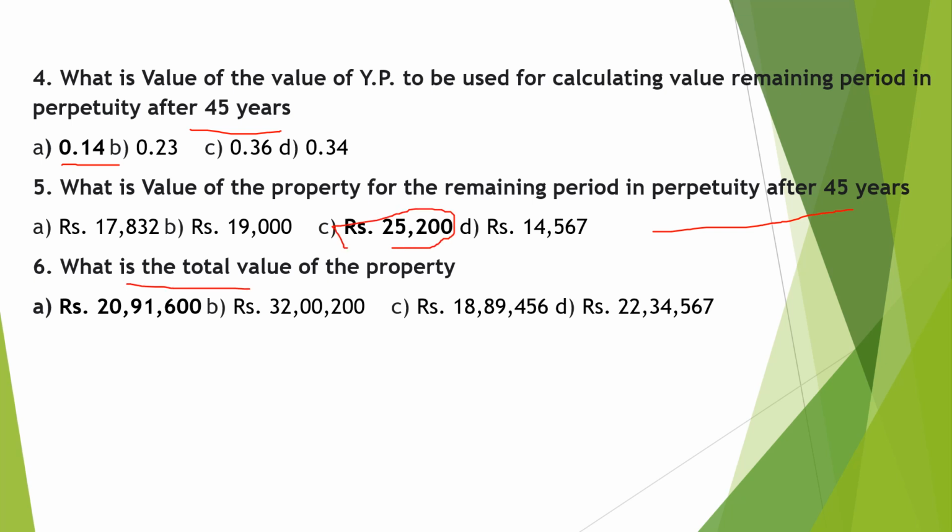So the total value we have calculated is 20,91,600. So these are certain questions based upon the income approach, which are very important from your day-to-day work as well as from the examination point of view.